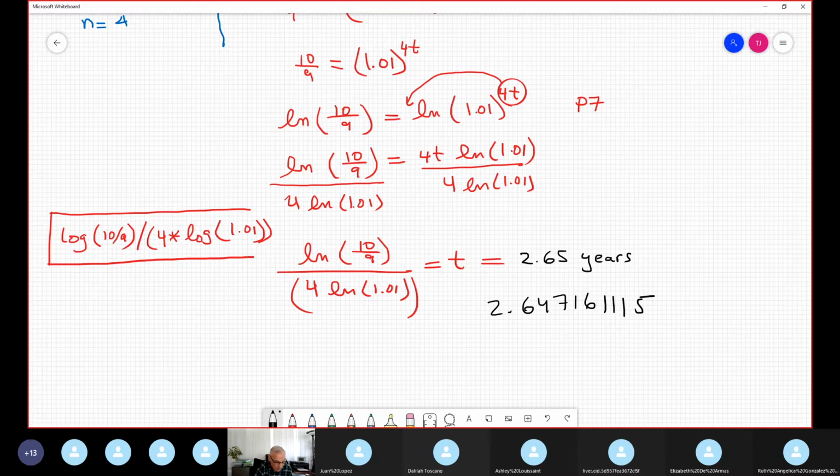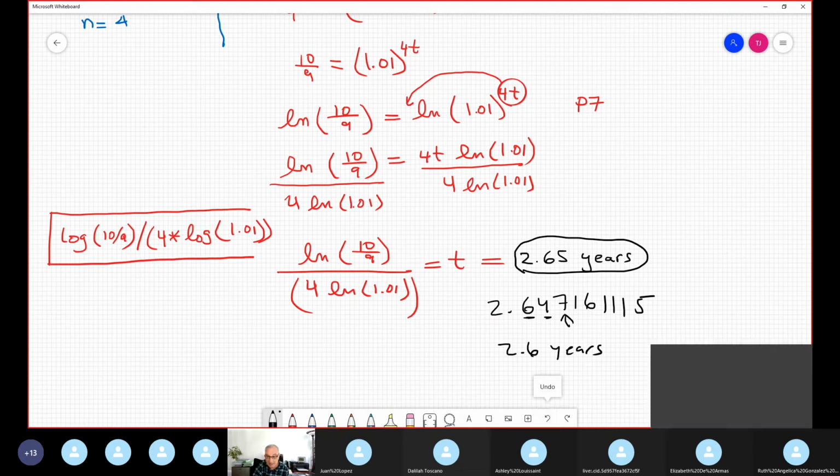Well, it depends on the problem. Suppose the problem says round to the nearest tenth. Then it is 2.6 years. If you need to round to the nearest hundredth, then it is 2.65, because the next digit is 7. Okay, good. This is the good answer. It depends on the problem specification.